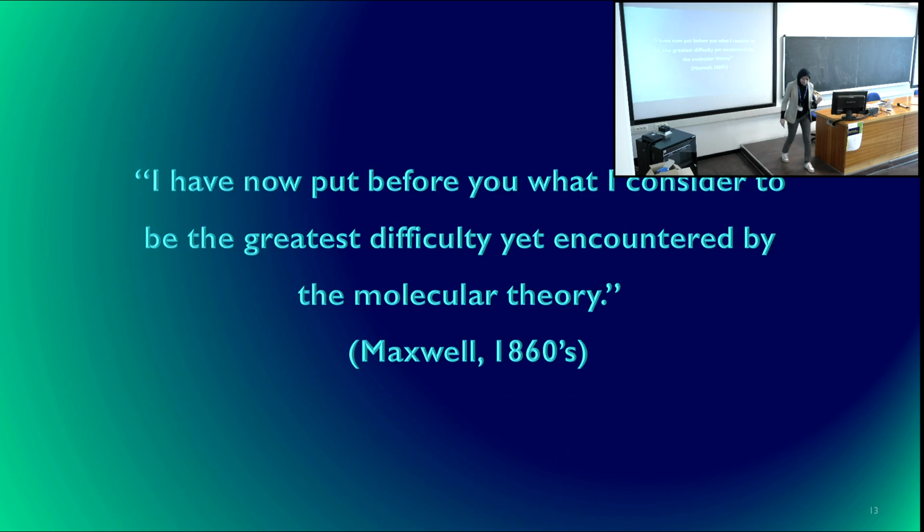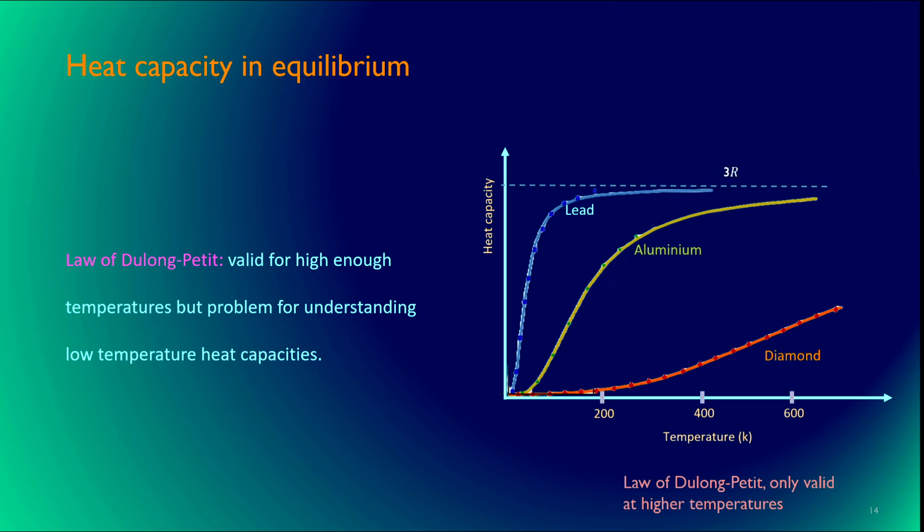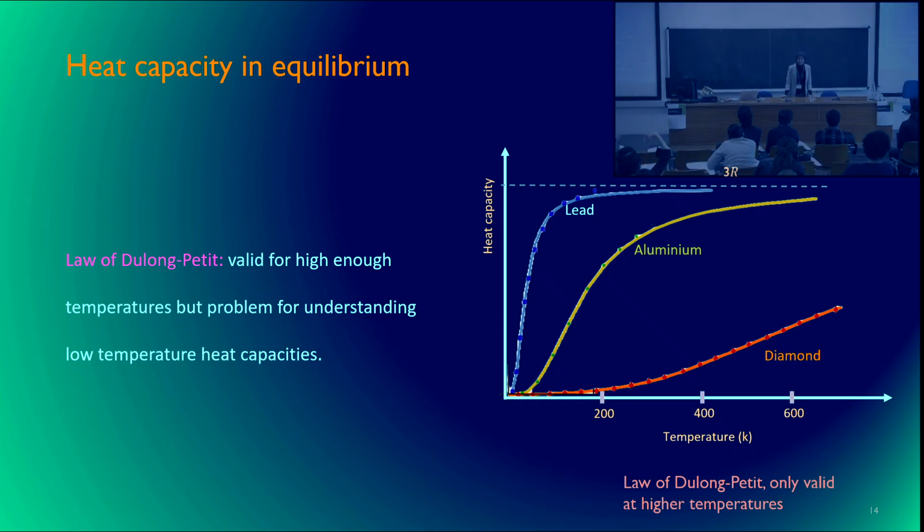That's why Maxwell thought, "I have now put before you what I consider to be the greatest difficulty yet encountered by the molecular theory." It's related to kinetic theory. About the metal, look, the heat capacity of a metal at high temperature is going to be a constant number. It's universal.